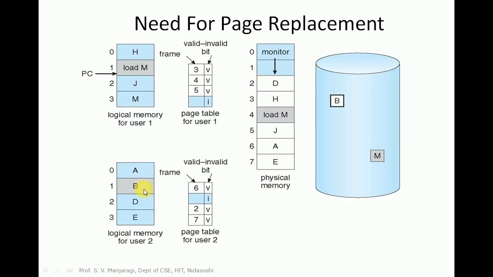For example, for page 1 in the page table there is no frame allocated and it is marked as invalid because no free frames are available in the physical memory. So we go for page replacement. The page which is already modified, whose dirty bit is set, will be sent to the disk, and the page that is needed has to be loaded into the free frame, and accordingly we will have to update the page table here.